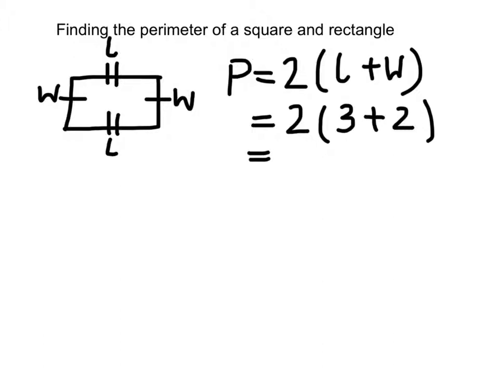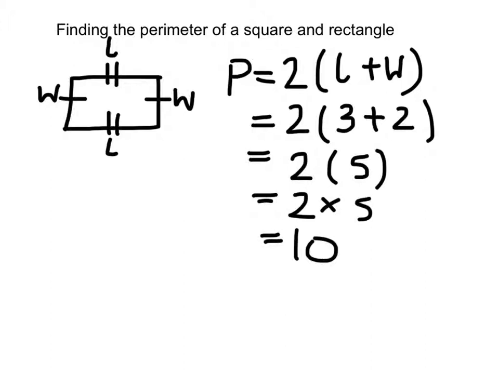It'd be 2 times 5, which would be 10 centimetres. And you could work that out in a different way, just by adding 3 plus 3 plus 2 plus 2. You'd still get 10. But this is just a different formula for working it out.